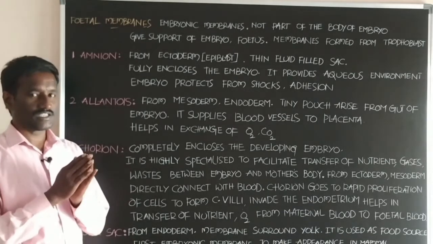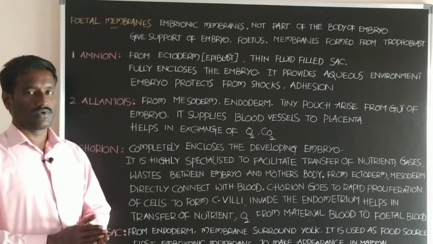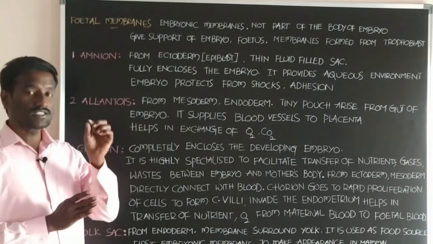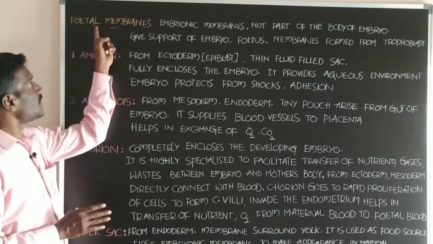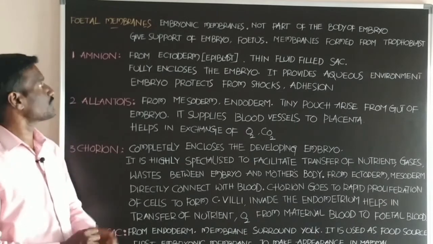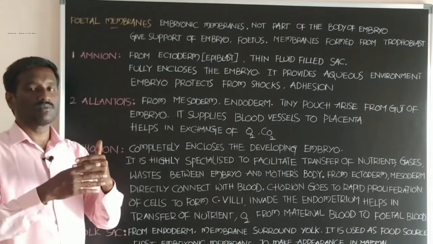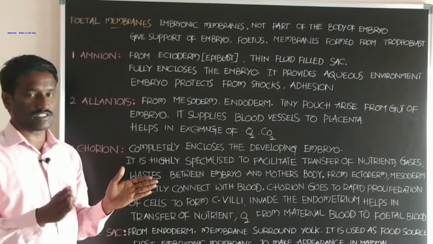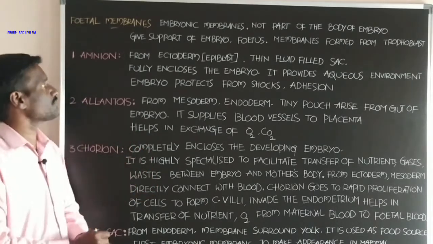Students, from these germinal layers, extra embryonic membranes are also produced. Fetal membranes are also called extra embryonic membranes. The fetal membranes that surround the embryo and fetus are produced from the three types of germinal layers.